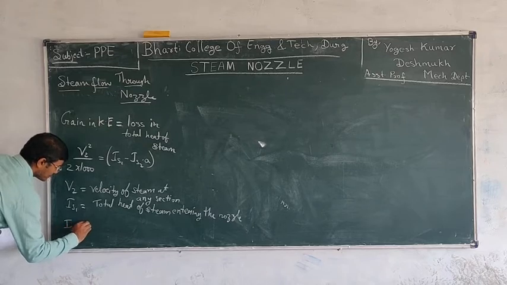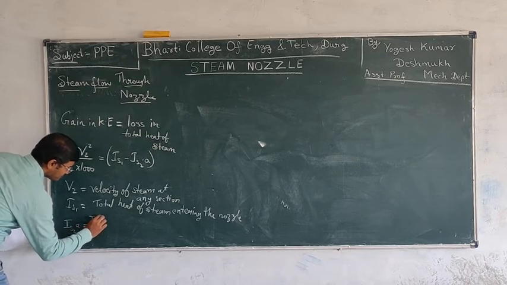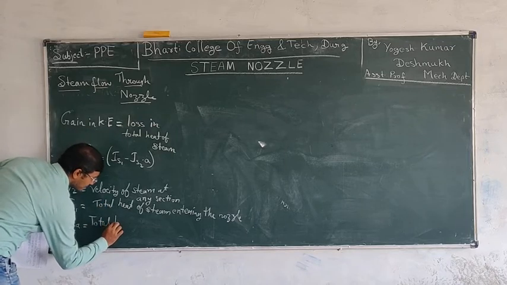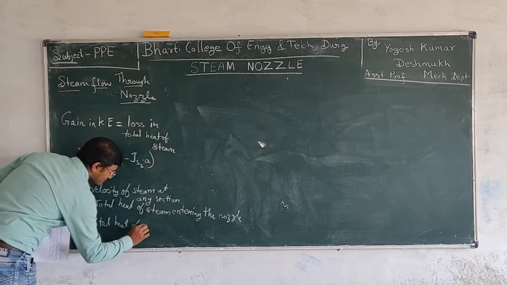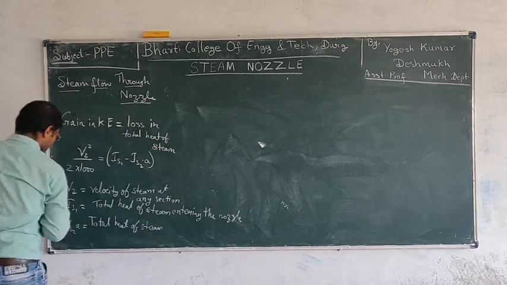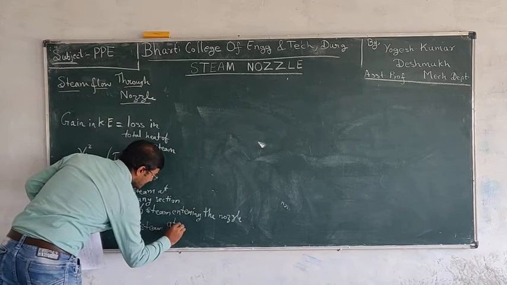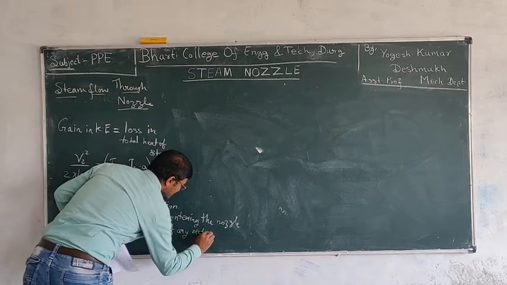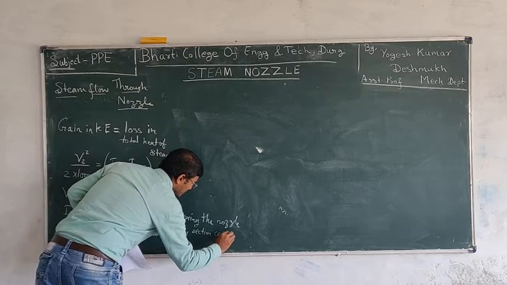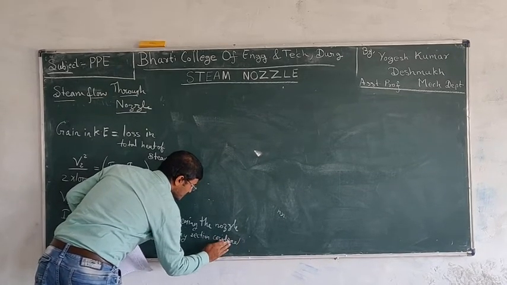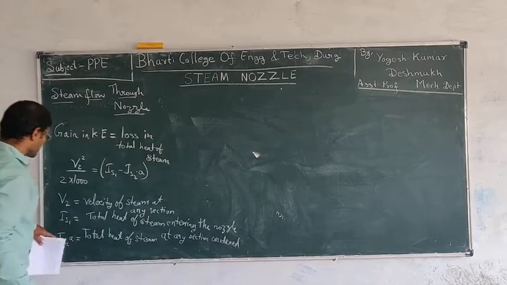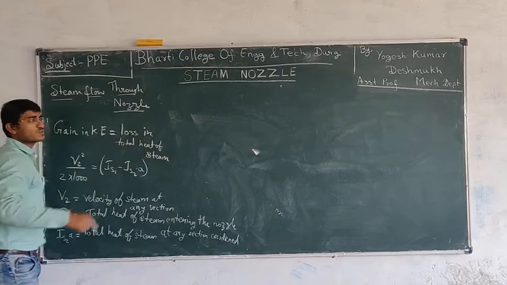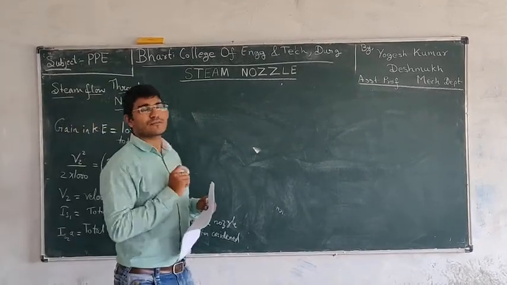IS2 into A is the total heat of steam at any section considered throughout the nozzle, where we are going to calculate our values.